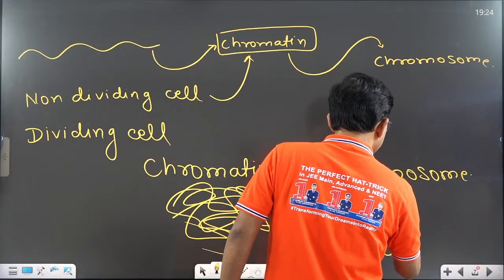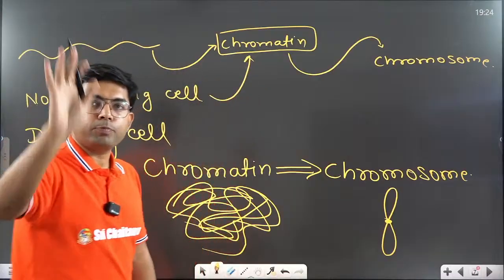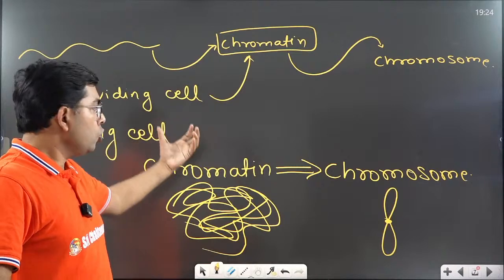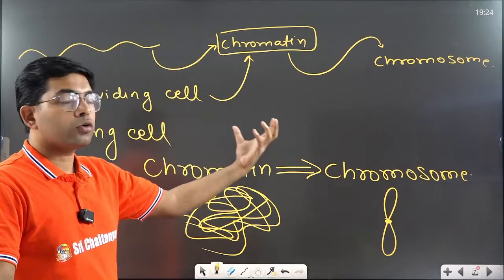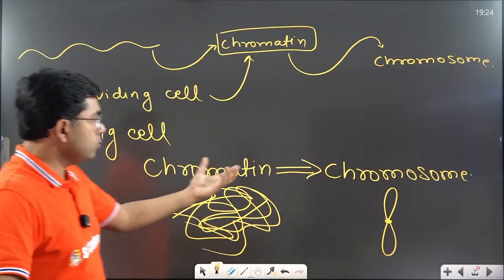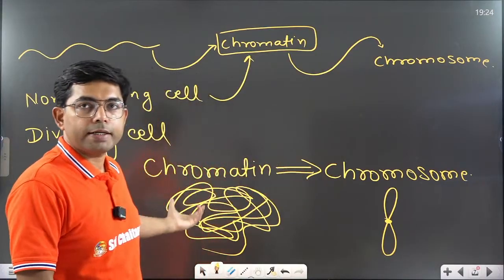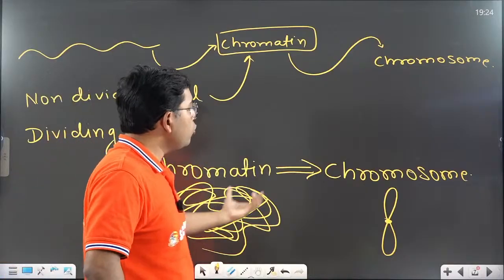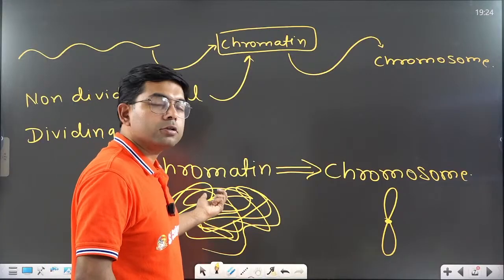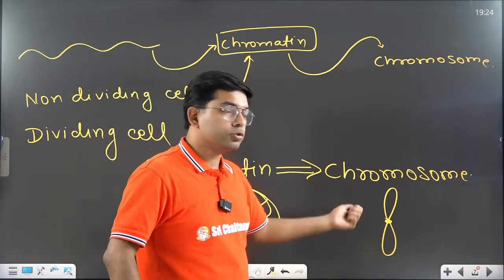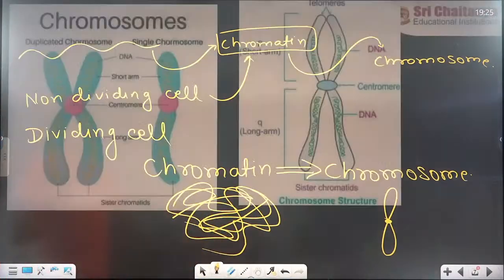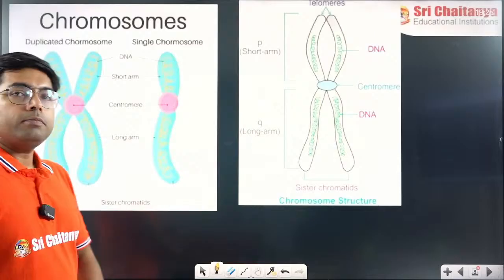I hope this point is also clear, how chromatin and chromosome are interchanged inside the nucleus. Ultimately both are made up of DNA only, because in chromatin DNA is present, and in chromosome also DNA is present.